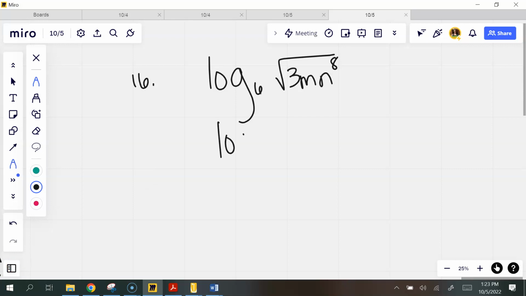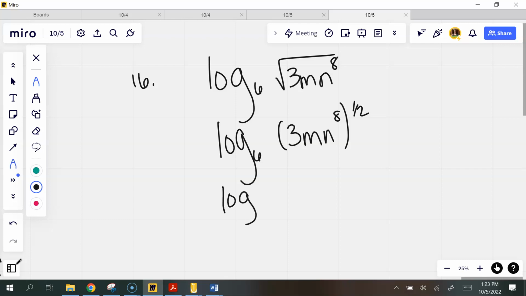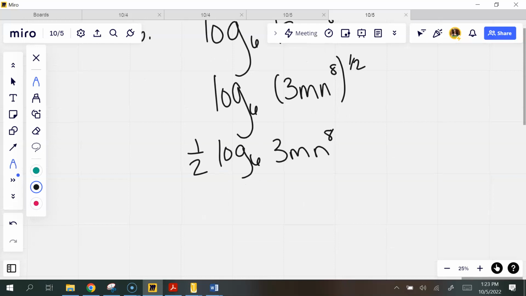Okay, I'm going to change this to an exponent. I'm going to take the 1/2 exponent to everybody. Or I could bring it, actually, I might bring it around front first. I'll probably do that first. You can do it either way. But if you do this first, you have to remember this 1/2 is going to go to everything when you expand this more.